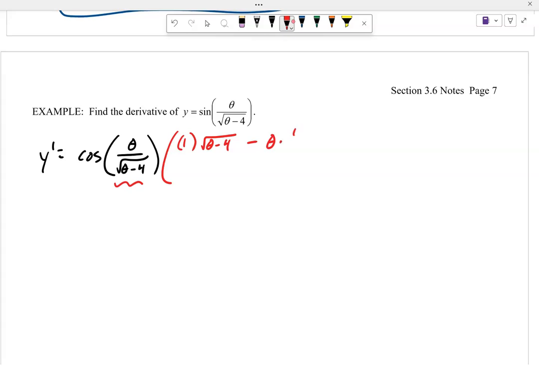So that'll be 1/2 theta minus 4 to the negative 1/2, 1/2 minus 1. And then the derivative of theta is just a 1 times 1. Right? All over bottom squared. So that'll undo the radical, of course.